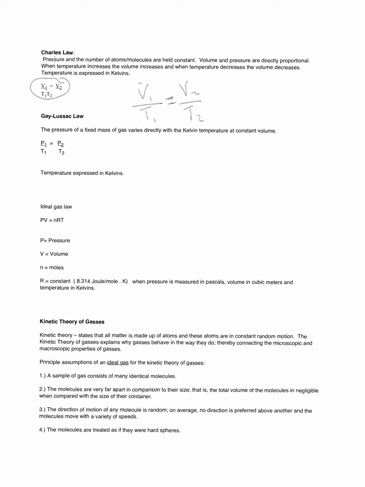So Charles' law: pressure and the number of atoms or molecules are held constant. So you see there's volume and temperature, we don't see pressure. So pressure is held constant.